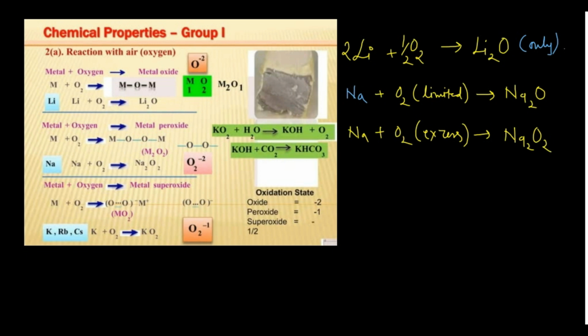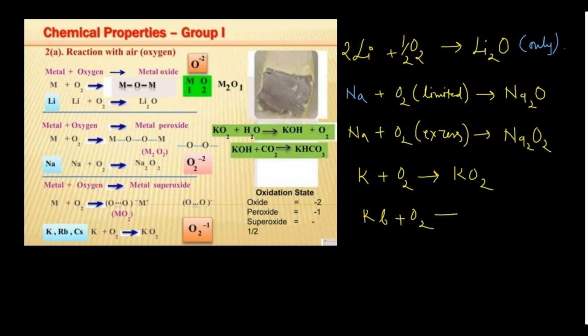And for other alkali metals, like potassium, generally if you treat this potassium with oxygen, it will form the superoxide, like KO2.